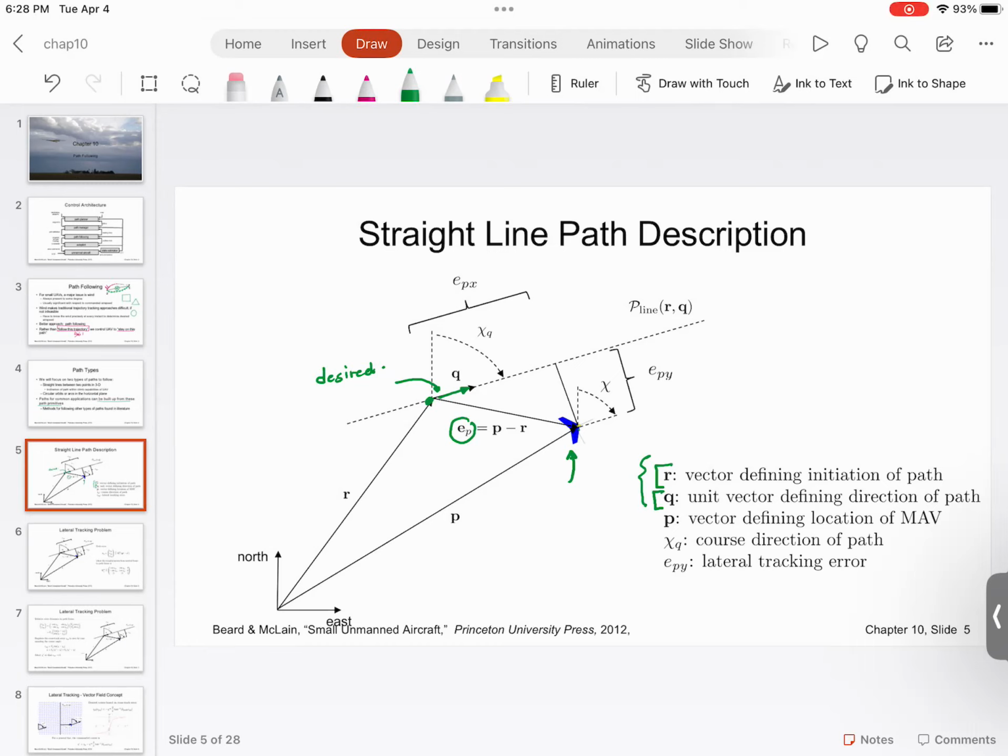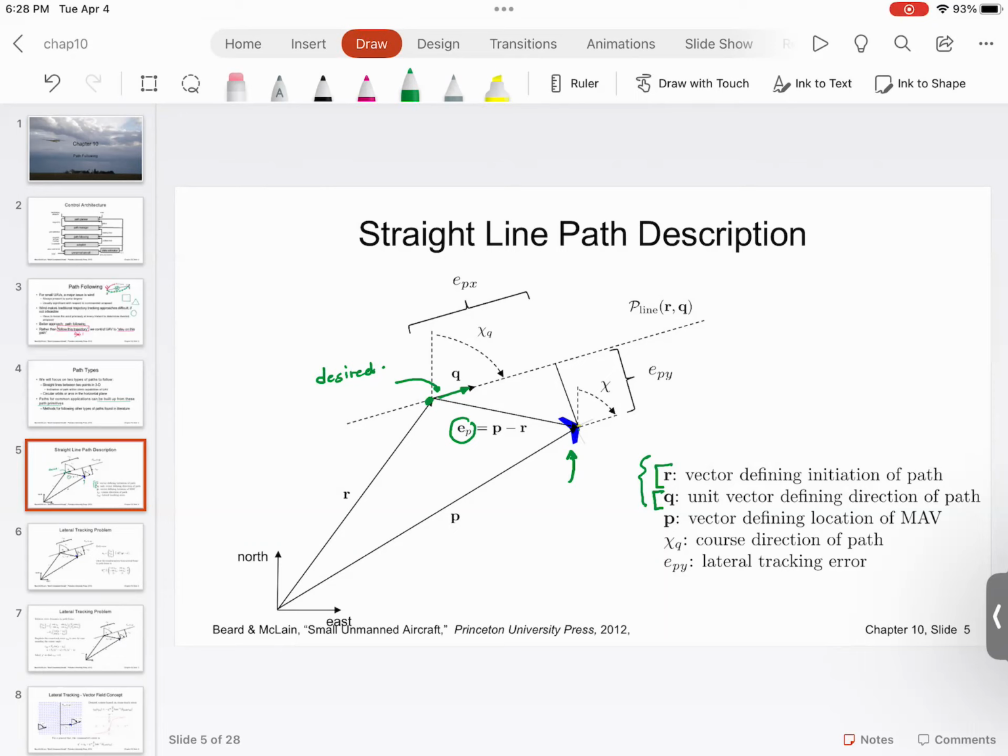I will develop this math, but I want you to understand that, at the end of the day, I want to design a control algorithm to minimize this error.